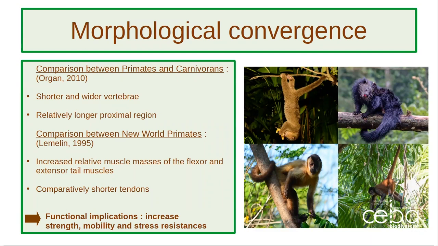Previous studies have already shown convergences regarding the tail vertebrae between prehensile carnivoran species and prehensile primates, and regarding tail muscles between the two independent appearances of the prehensile tail among New World primates.